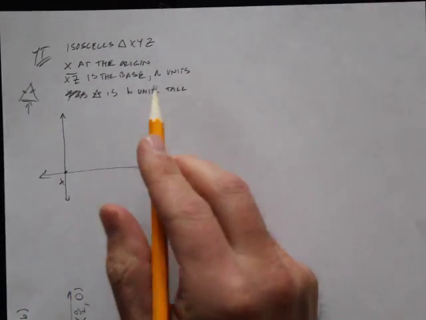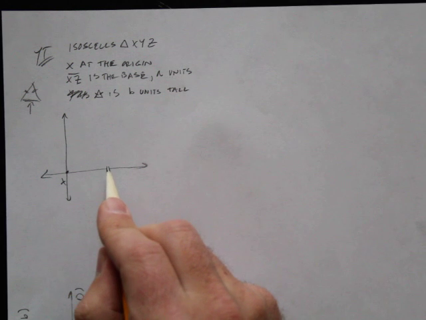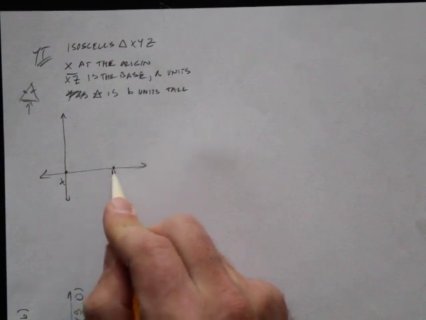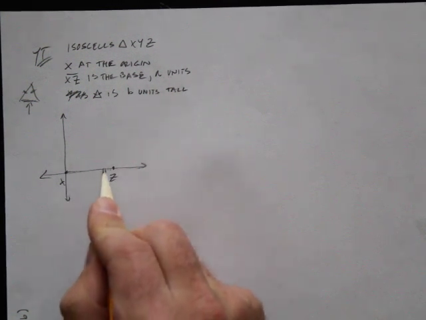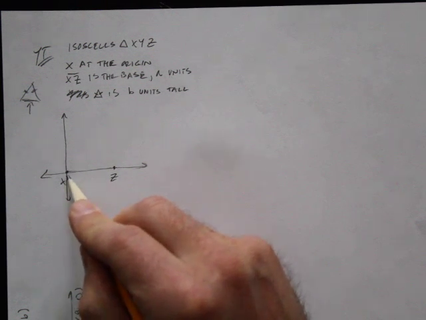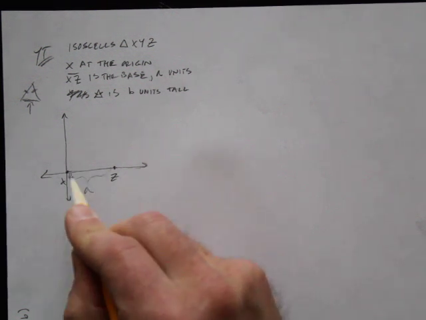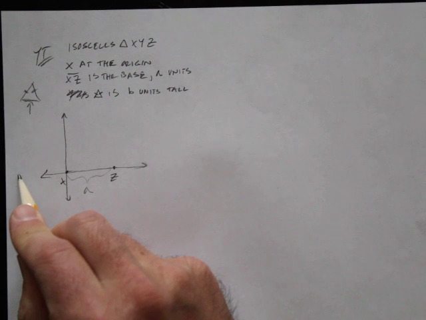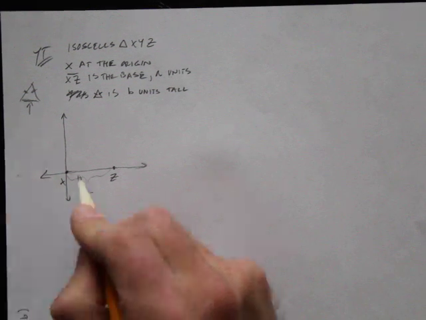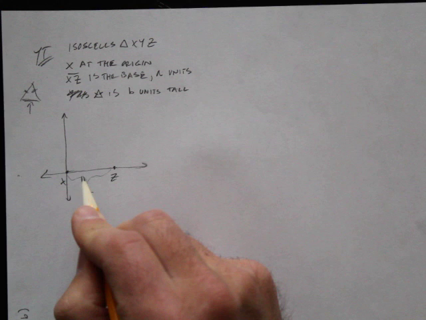So from X to Z there are A units. You could have put Z back here. That'd be fine. It would still be A units long.